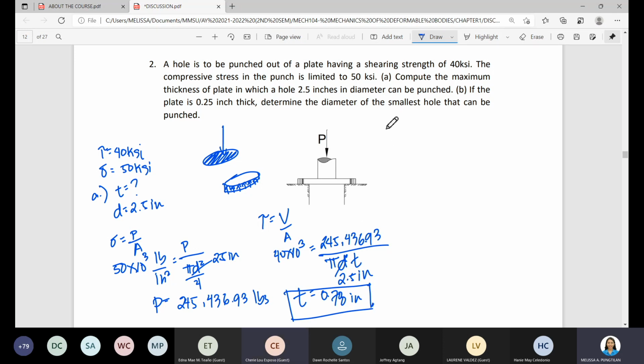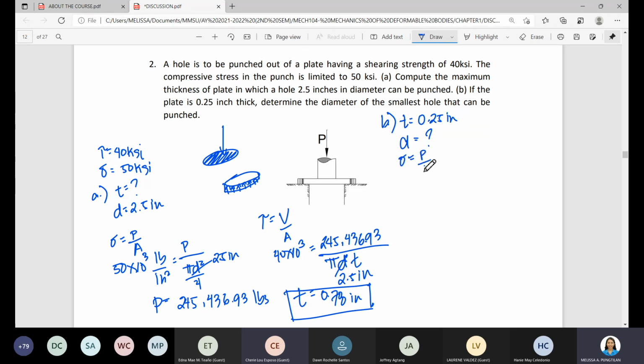And then for letter B, if the plate is 0.25 inches thick, determine the diameter of the smallest hole that can be punched. Okay. So, ganun din. Gamitin natin si normal stress.